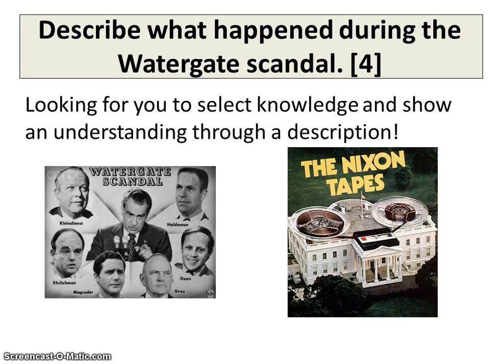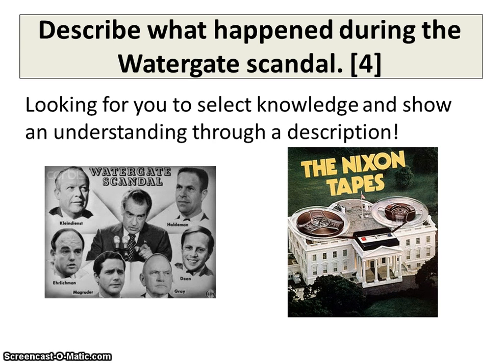And the tapes that were handed over showed that there was vital pieces of information missing, and that eventually, when all the tapes were handed over, Richard Nixon was involved in a cover-up in 1973 and 1974. He was threatened with impeachment, which means he would have to resign and step down. He did resign, and he was pardoned by Jimmy Carter, the next US president.